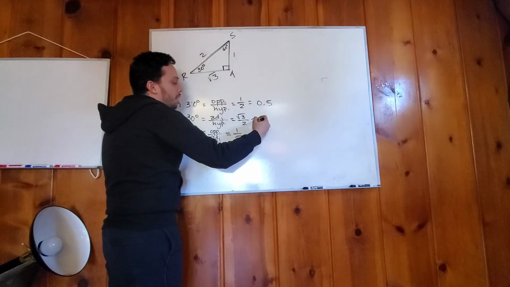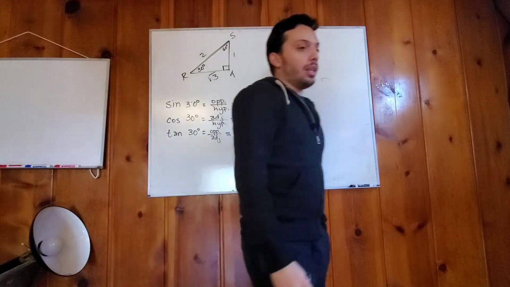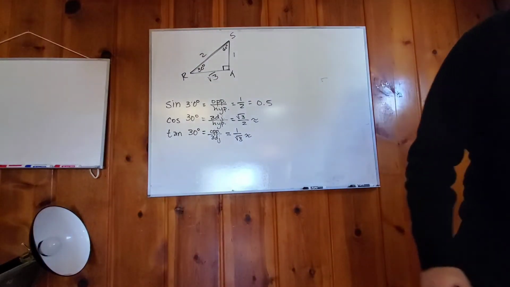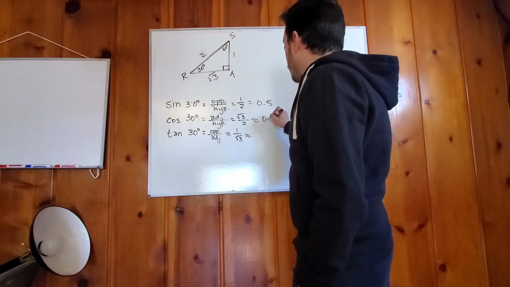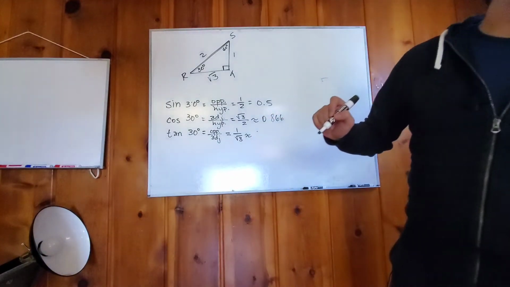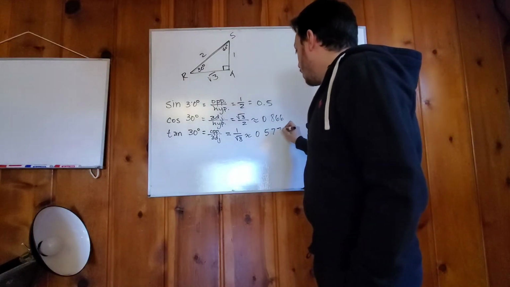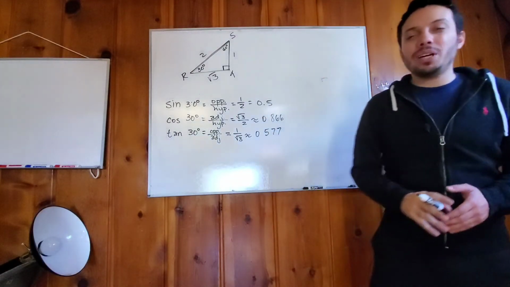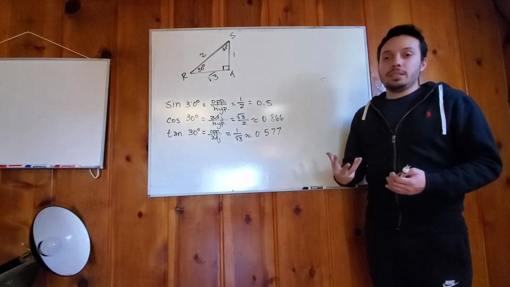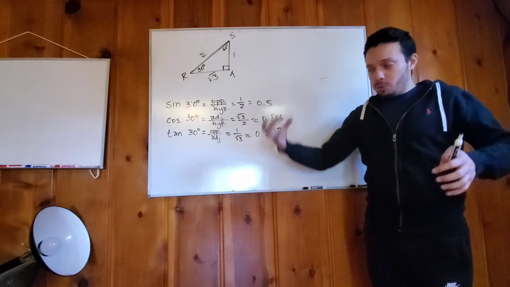By the way, these can only be estimations for the last two. It's about 0.866 according to your book, and this one is 0.577. The only one that you can actually do is the first one. But you're getting the idea of it. This is where all the stuff that we've been teaching you before kind of comes together.